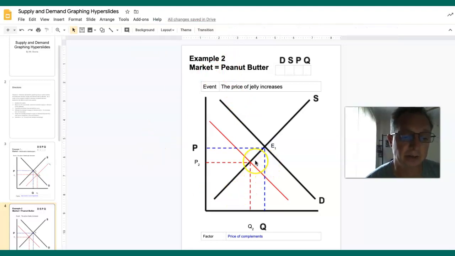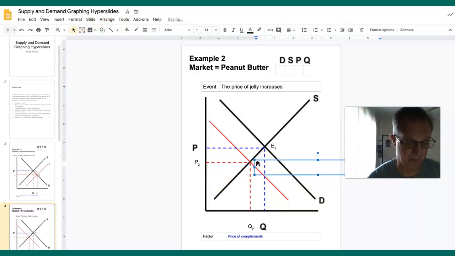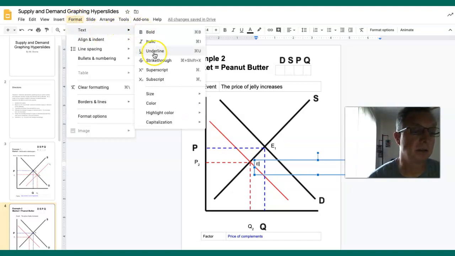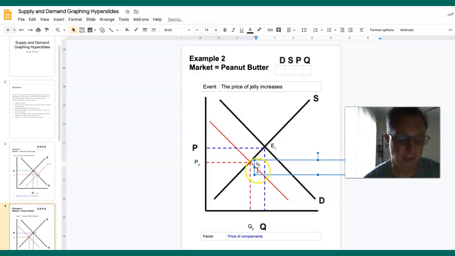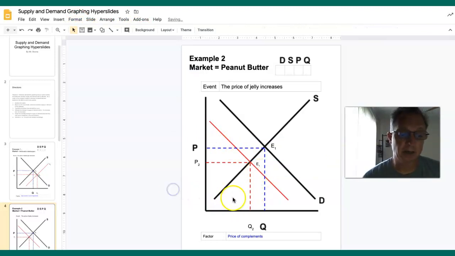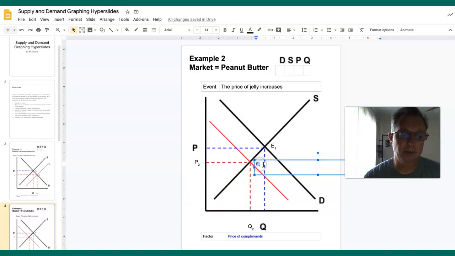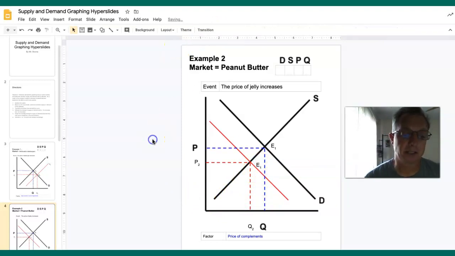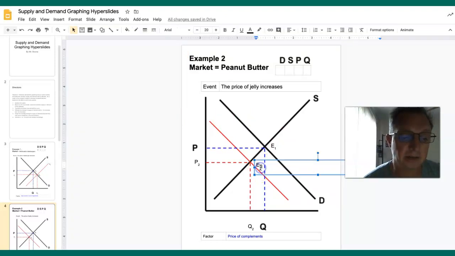And we got E2 over here to the left of E1. Okay. So that includes all of our labels. We made it 20 size. There it is. And you're good to go. Okay, so that's E2.